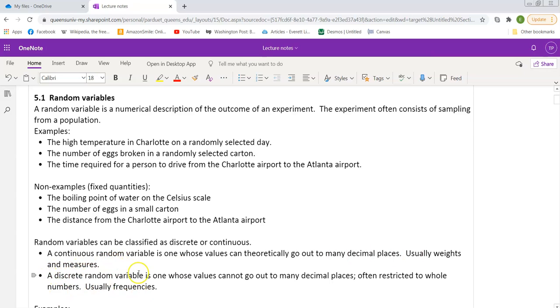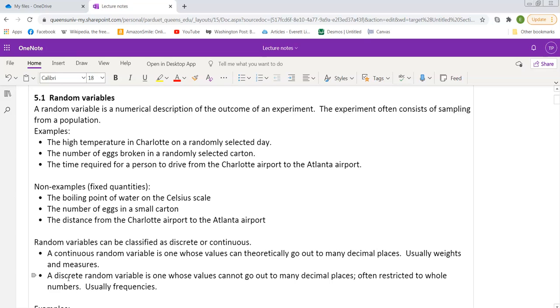A discrete random variable is just kind of the opposite of continuous. We said that essentially means separate, which means that the values can't theoretically go out to many decimal places. These are usually restricted to being whole numbers.